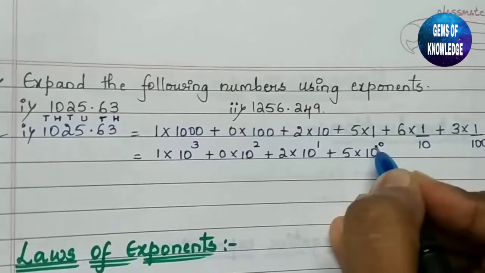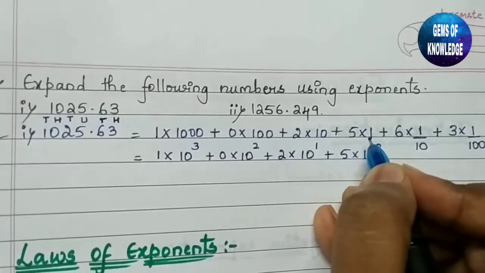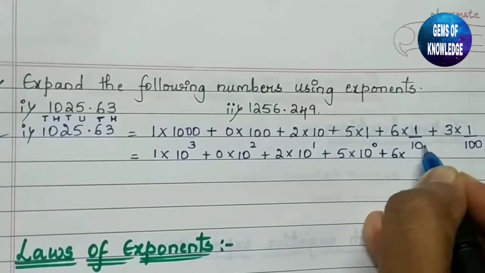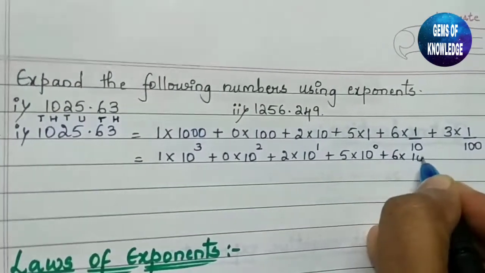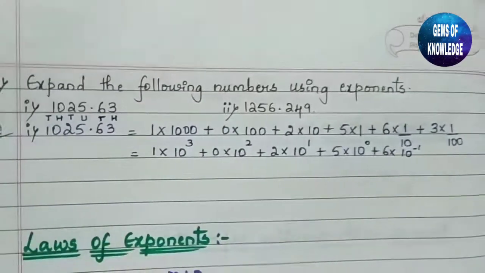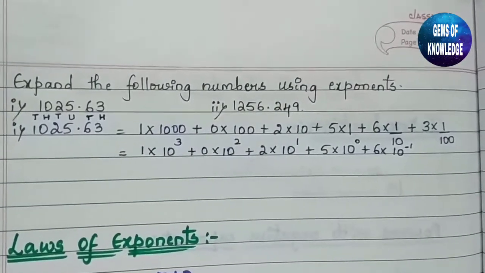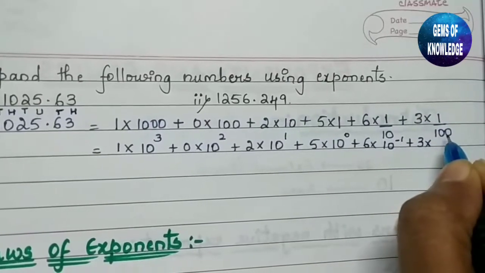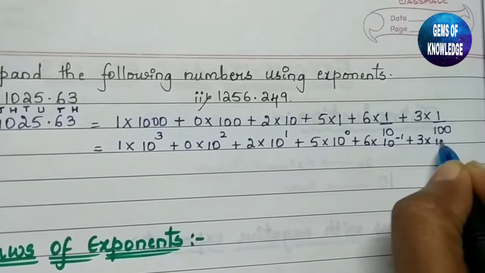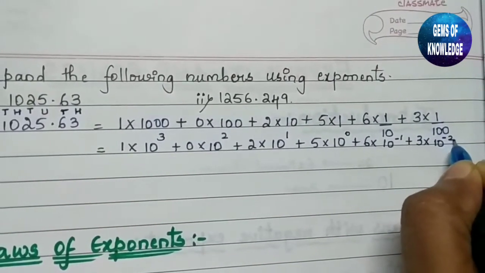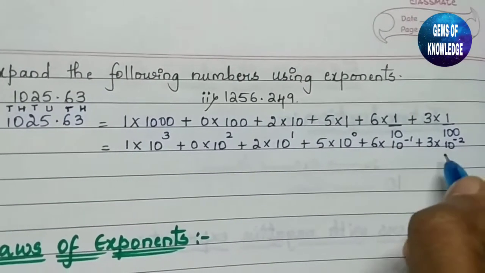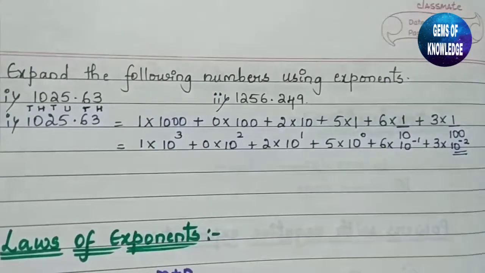Any number with the power of 0 is always 1. So plus 6 into, if we take this to the numerator, it will become 10 to the power of minus 1. Then plus 3 into, if I take this to the upper side, it will become 10 to the power of minus 2, since this is 100. So that is the answer here.